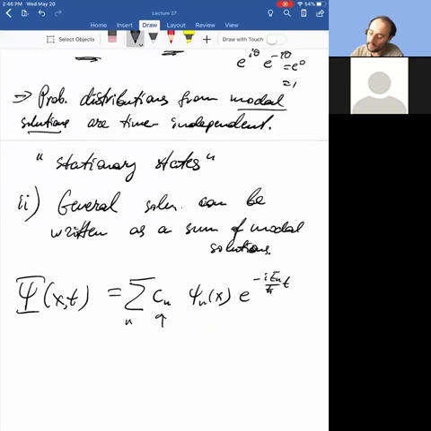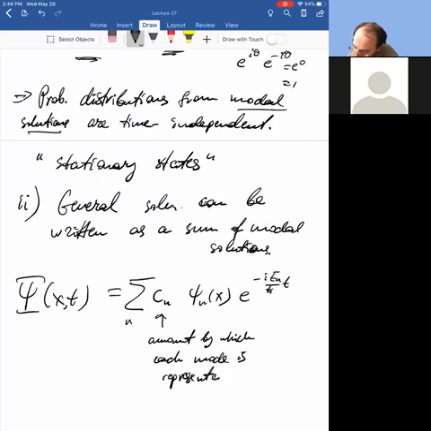It is the amount by which each mode is represented in the general solution, just like a Fourier sum, okay?